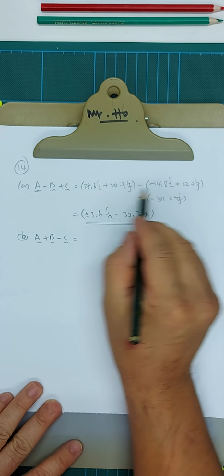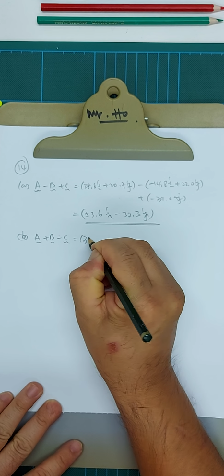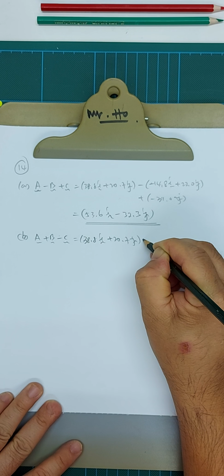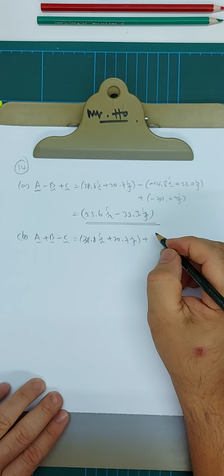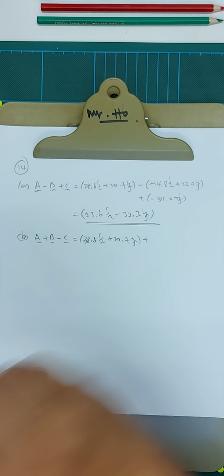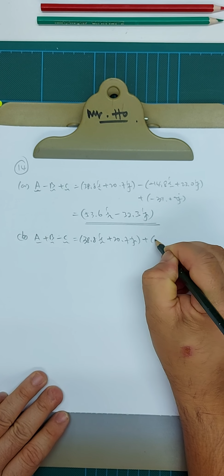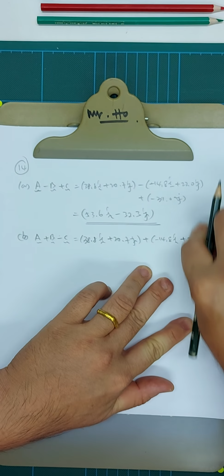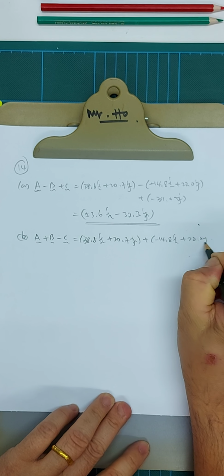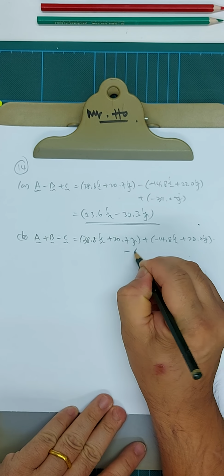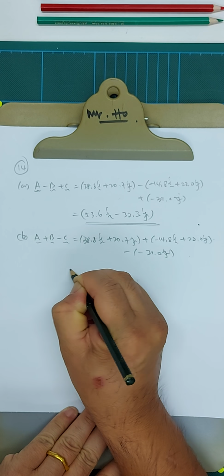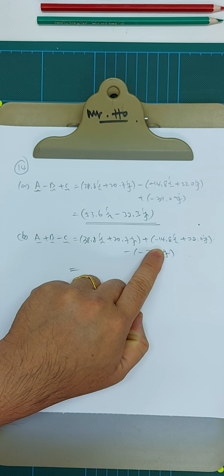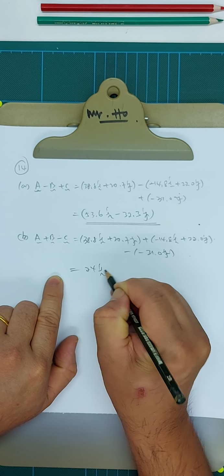We can actually use this one, but it's better to just write down 38.8i plus 20.7j and then plus b, negative 14.8i plus 22.0j, sorry, and then minus negative 31.0j, that's c. Now it's 38.8 minus 14.8, so we have 24i.